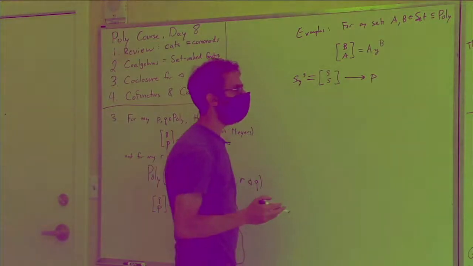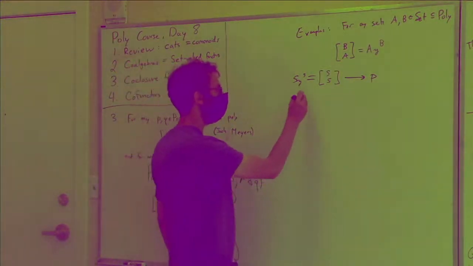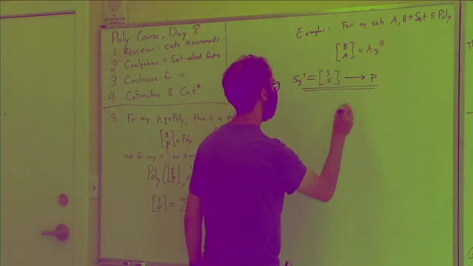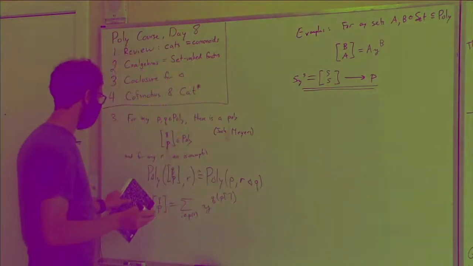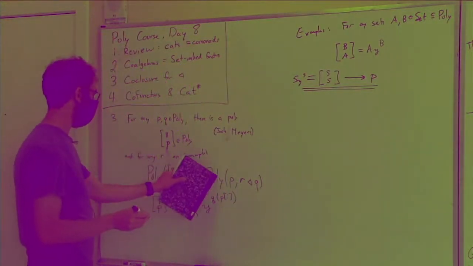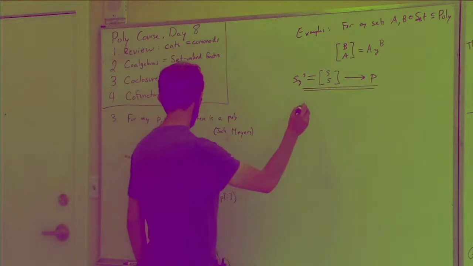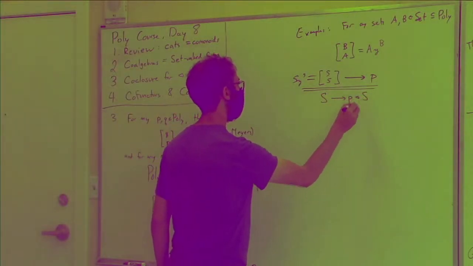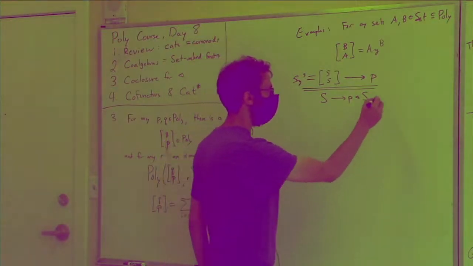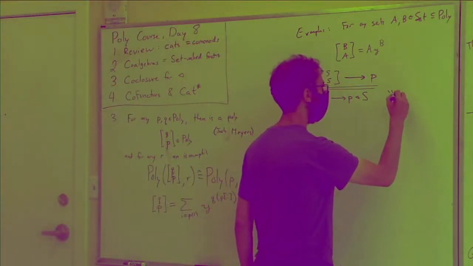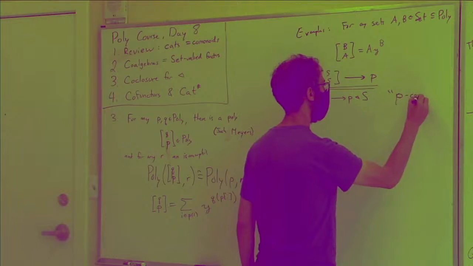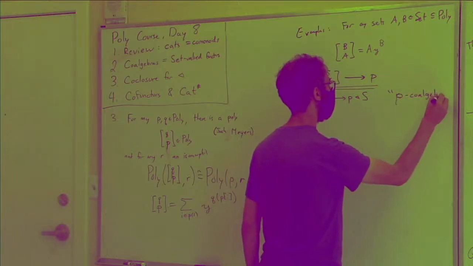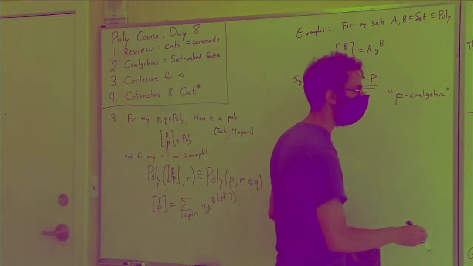some p is what we call a dynamical system. But now we know that that's the same thing by this formula here as a map from S to P composed S. And this is what people normally call a P coalgebra. And you might remember we talked about C coalgebras over here.